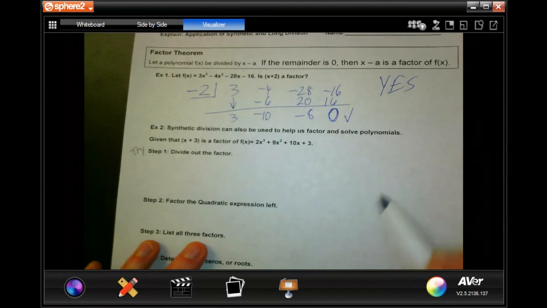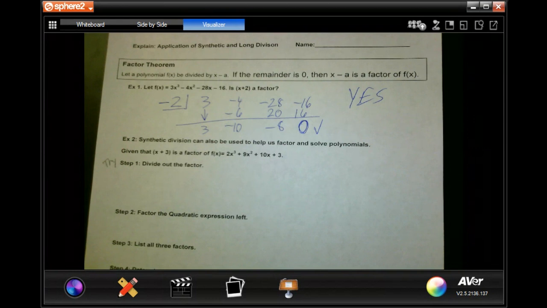So divide out and give me the quadratic expression. Go.